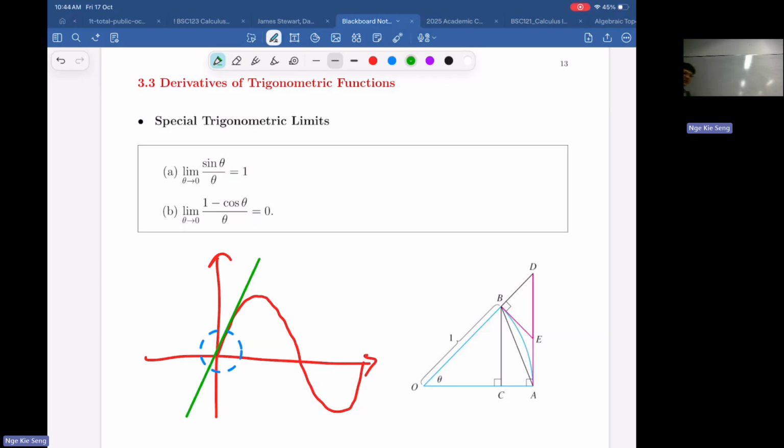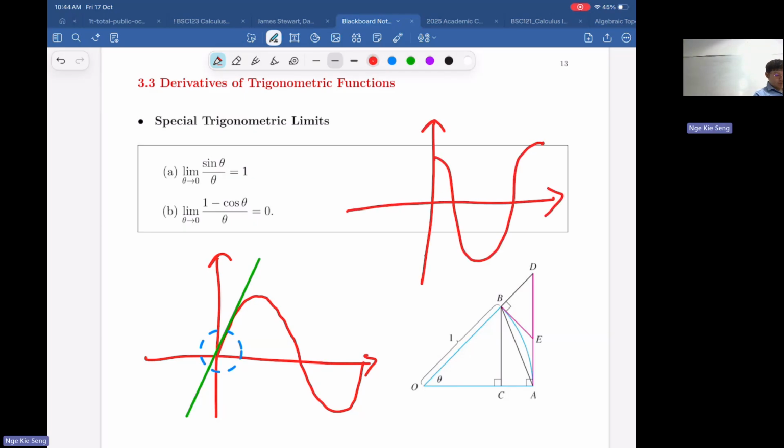Can you imagine what 1 minus cos theta is? You start with cos, and then you invert it, and then you plus 1. So 1 minus cos theta looks like this. You shift up 1. Okay.